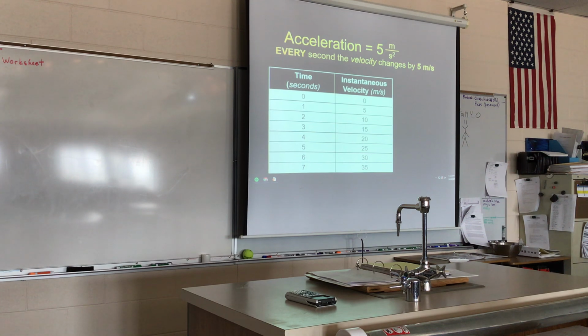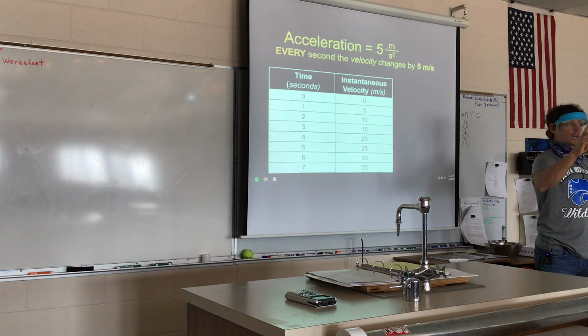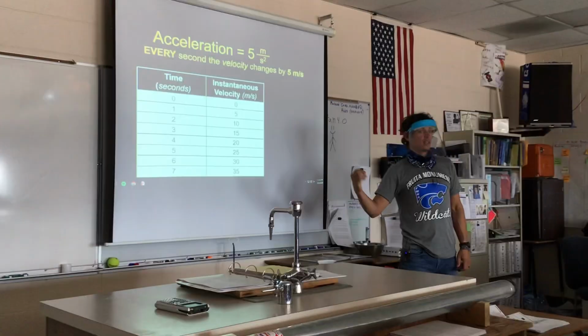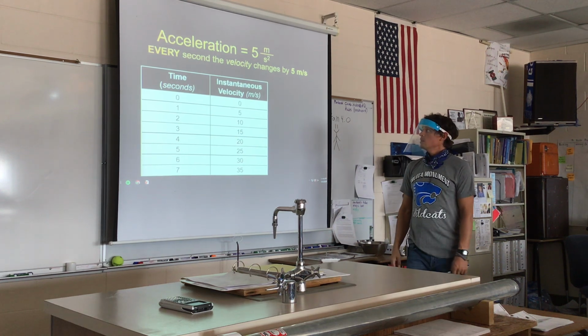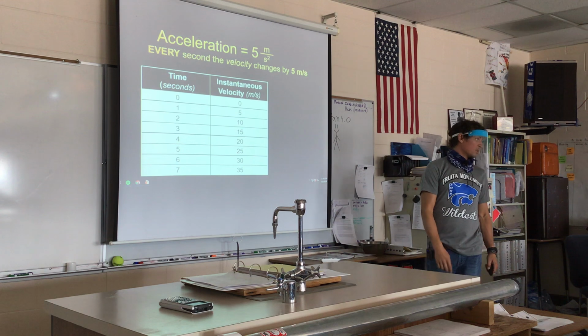When it decreases, the velocity and the acceleration have different signs. For example, if something was going in the negative direction and the acceleration was positive, we could have something where the speed is decreasing by 5 each time. So both can happen.